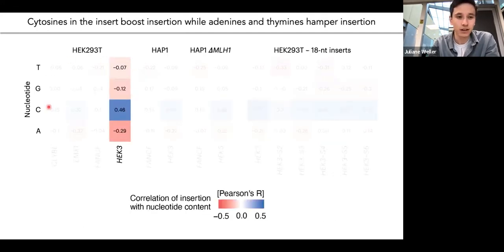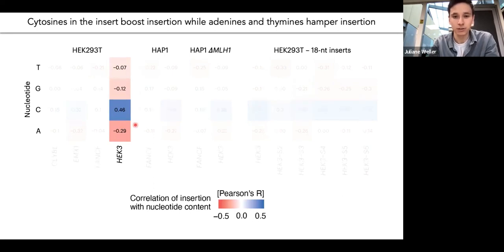And then Juliana and I will walk you through a couple more smaller features in our set. So one of them is looking at the nucleotide content. So you can see that for the HEK3 site, here we have the fraction of each nucleotide in the insert sequence and how it affects the editing efficiency. And you can see that having cytosines in the insert seems to be beneficial, while having adenines and thymines seems to be bad.